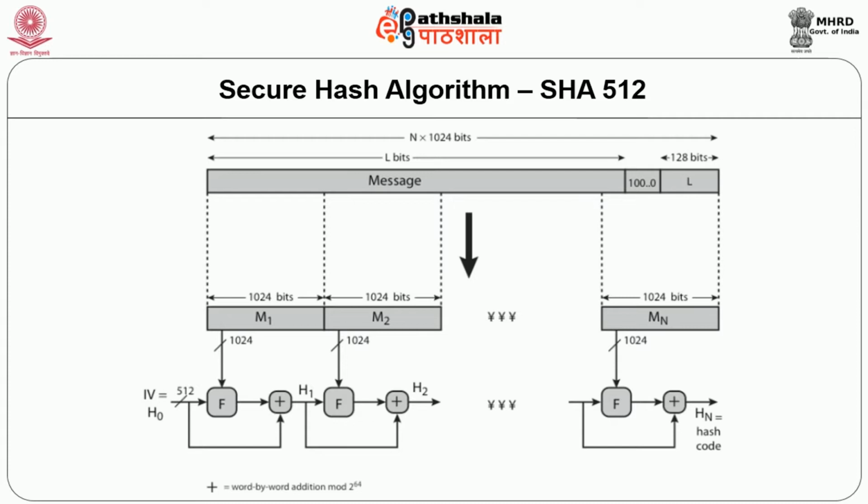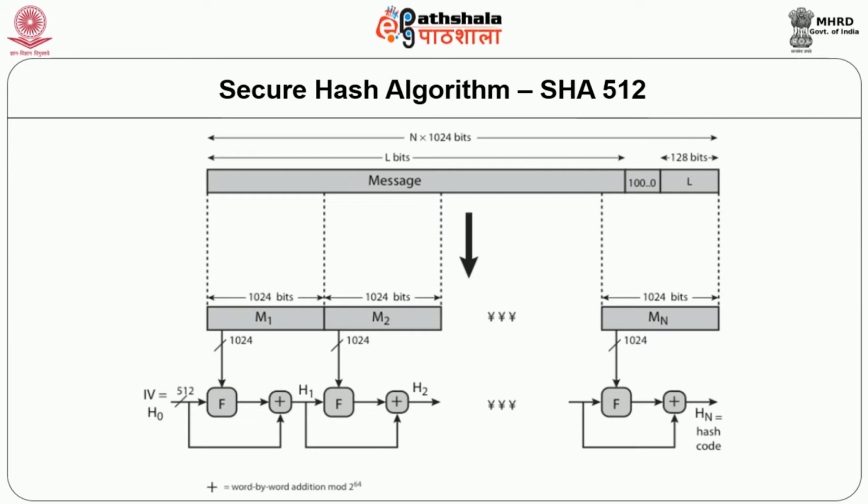The message is passed to the function with the input IV, initially called H0, and iteratively we follow the function to generate the final hash code. This was just an outline of how SHA-512 works.